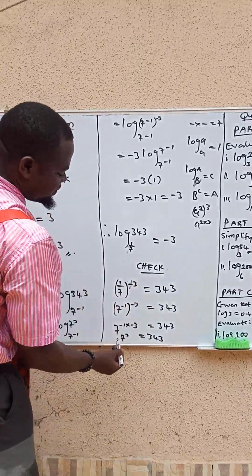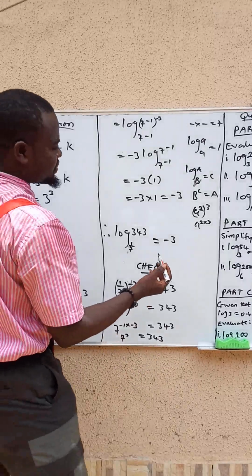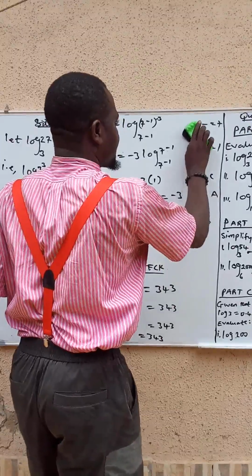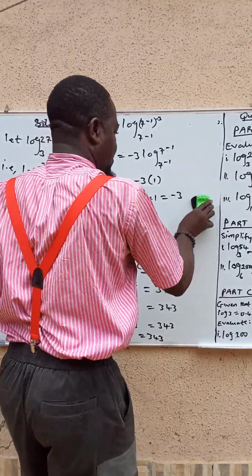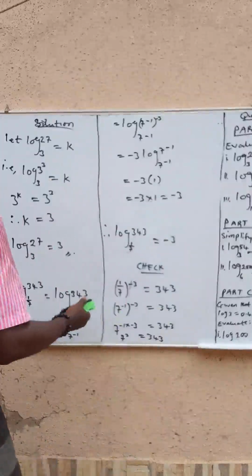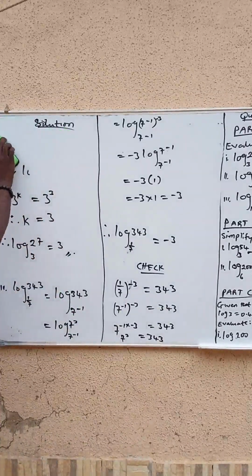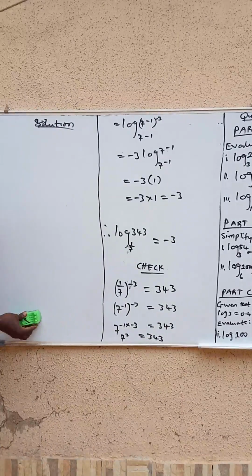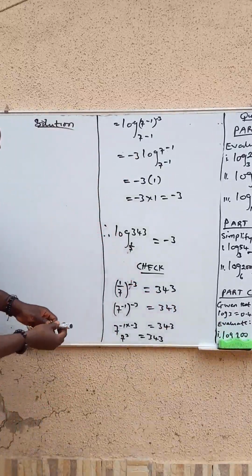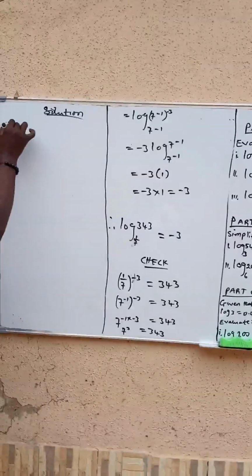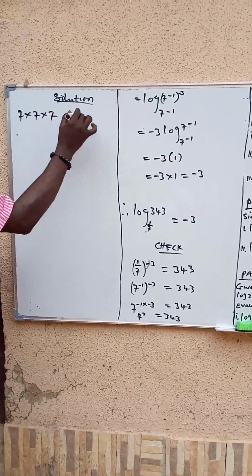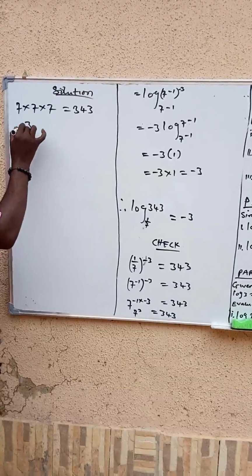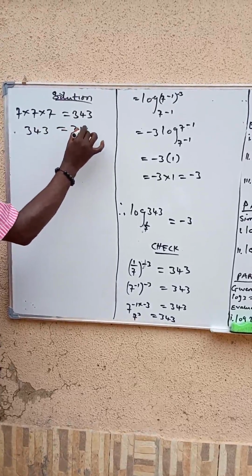If you look at this very well, 7 raised to power of 3 is 7 times 7 times 7. 7 times 7 is 49. 49 times 7 is 343. 343 is equal to 343.